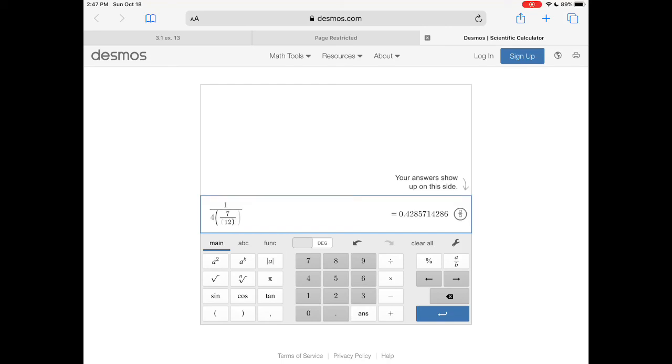And if I look over here at the result, I see a kind of an ugly decimal, but there's a button right here that lets me change it to a fraction. So notice when I click this, I can change from a decimal to a fraction back to a decimal. And so that's how you can also get 3 over 7 without doing your 5th grade math.